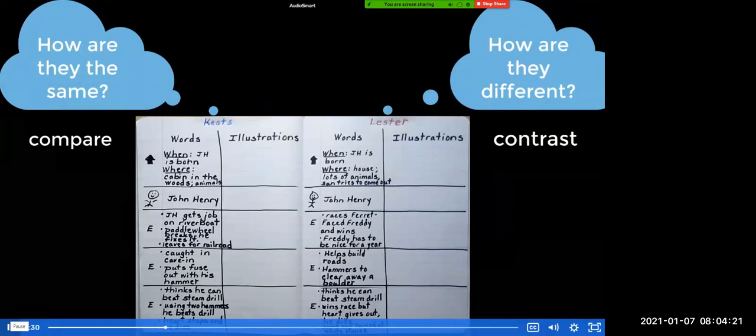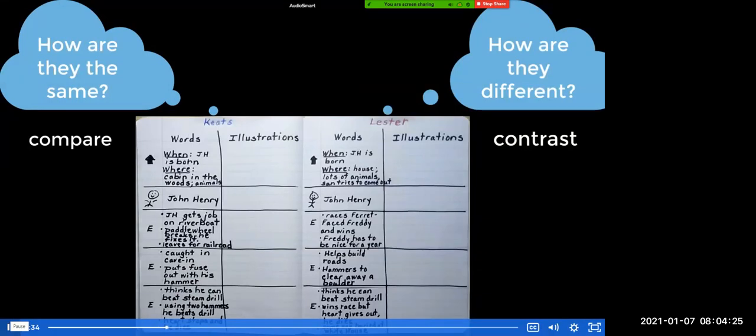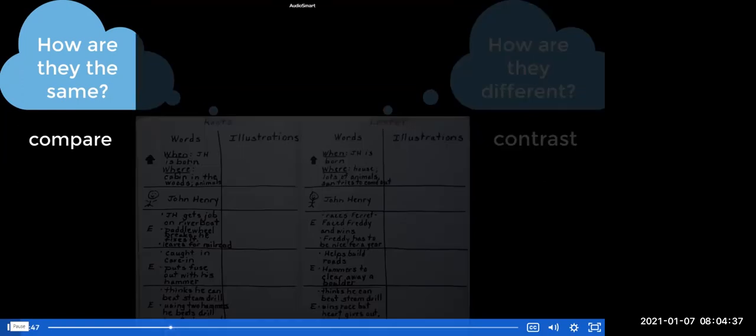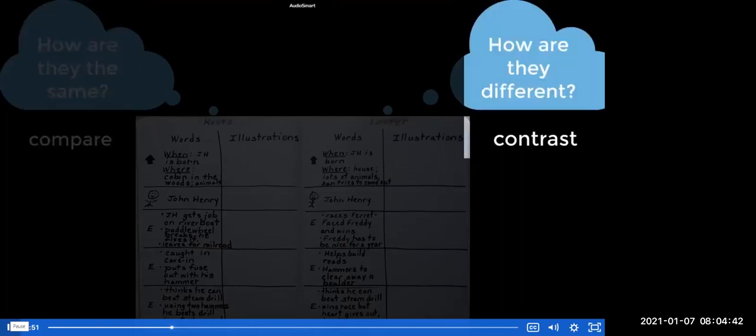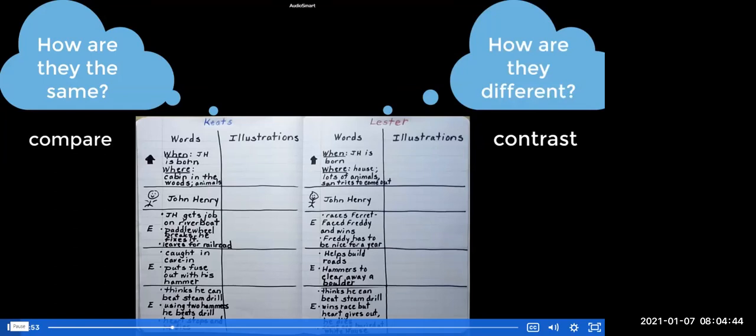I'd like you to pause here to look at your charts for Keats' version and also for Lester's version. Take your time as you look at the two charts in your journal and consider these two questions. How are the versions the same? And how are they different? Pause here to read over your journal entries.